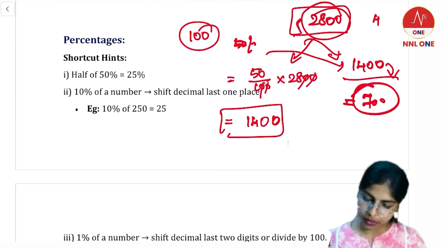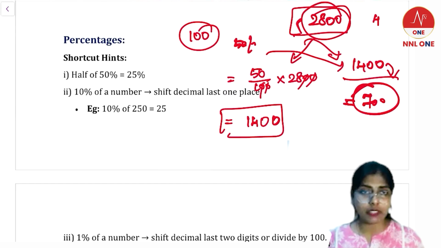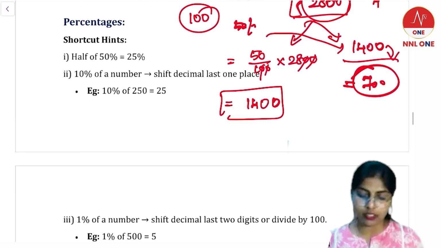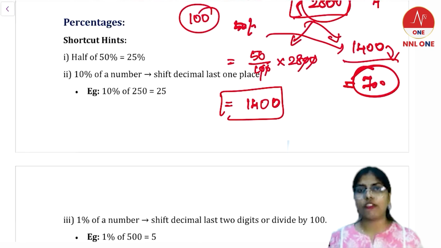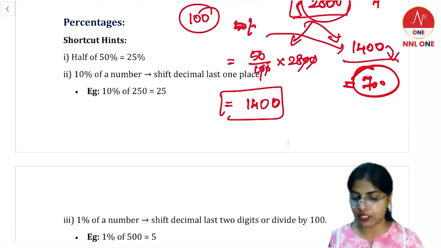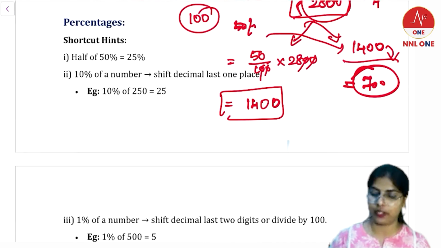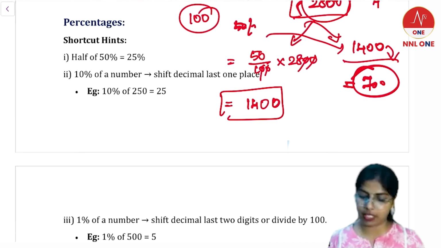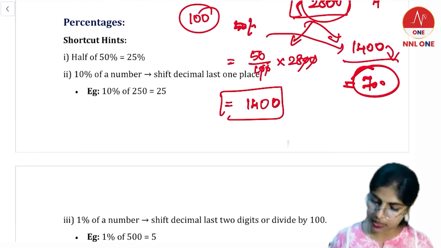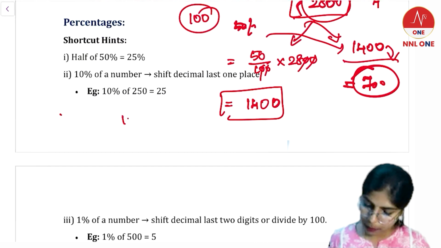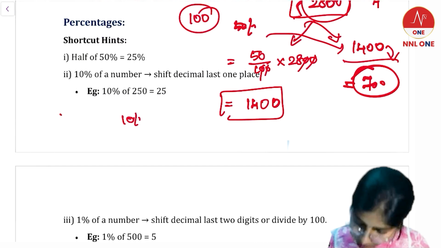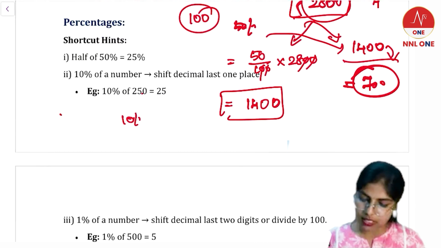Yes. Next, for your easy convenience, I have brought you some shortcuts here. 10% of a number. If you're asked what is 10% of a number, you should simply shift the decimal one place from the last. That is, if you are asked what is 10% of 250, you have to keep a point here from the last.